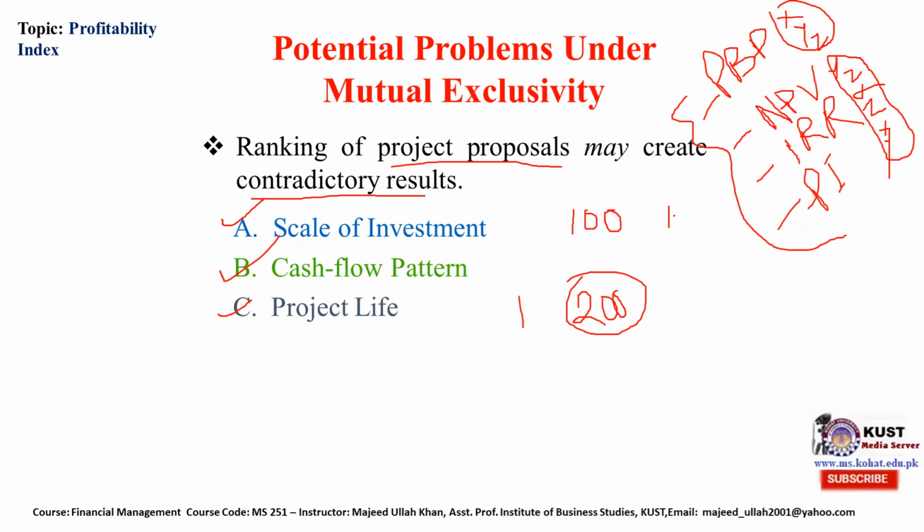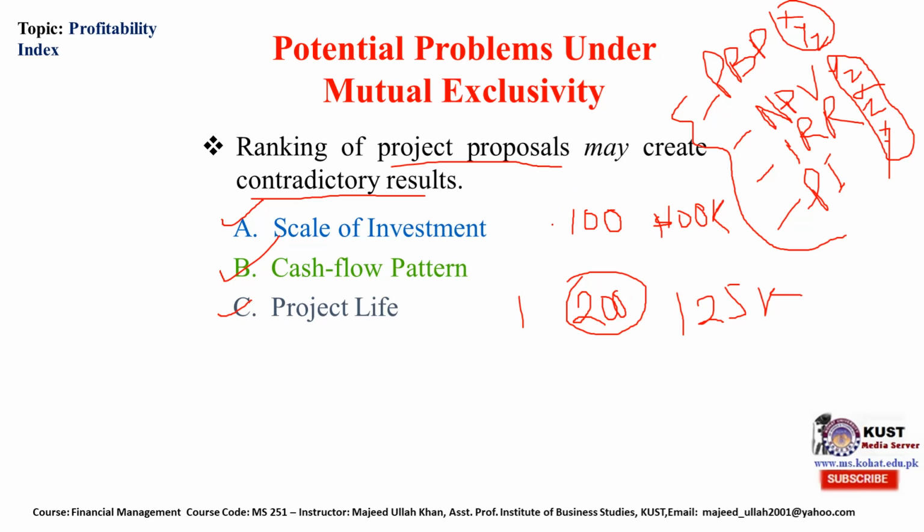Similarly, if the other project requires you to invest not $100 but $100,000, it may give you $125,000 in the first year.